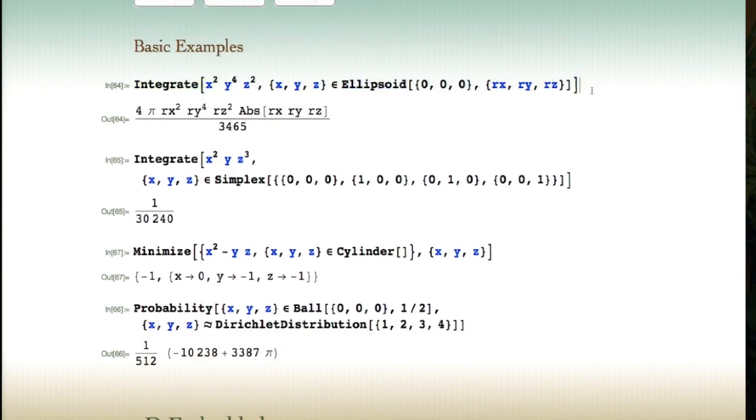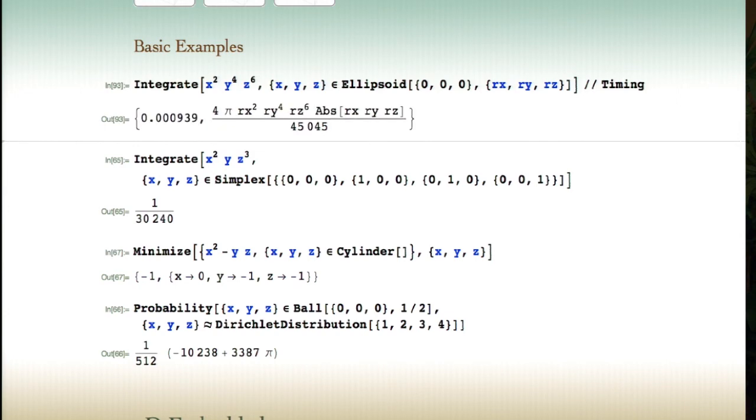Here's integrating over some ellipsoid, and you can't see that, but it's, well, I have no idea. Generally, we can tune performance like that. If it's possible, we can get it in less than milliseconds.